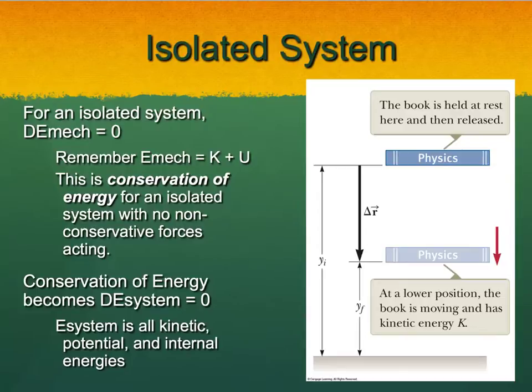We also said that we could look at the law of conservation of energy mathematically, where our delta E system, the change in the energy of the system, is simply equal to the sum of all of the types of energy transferred across the system boundary.